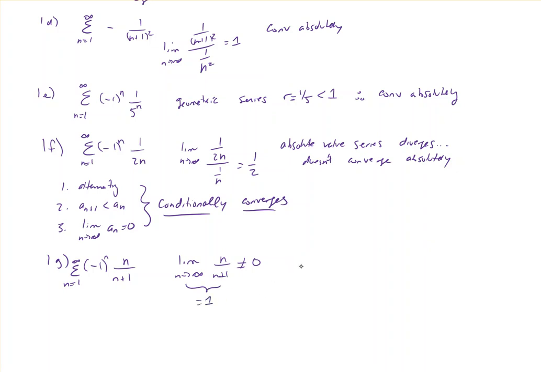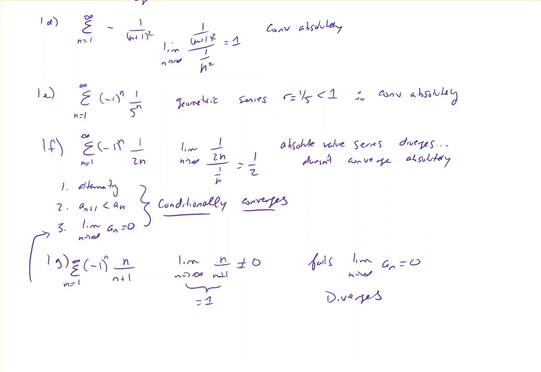So this first of all fails the original very first test that we did, the divergence test. It diverges, if it was not alternating. But it also fails number 3 in our checking of our convergence. It fails this condition, meaning it diverges.